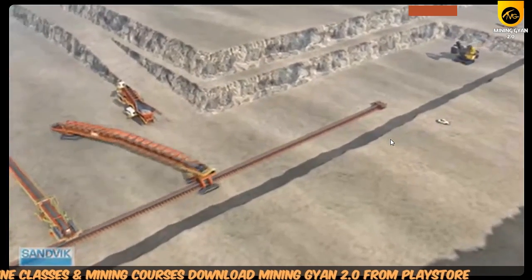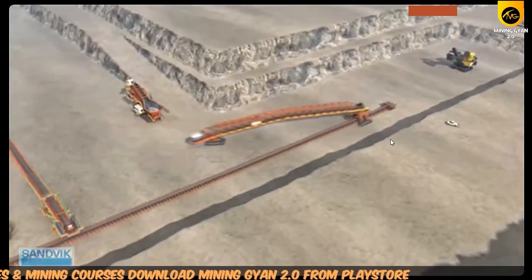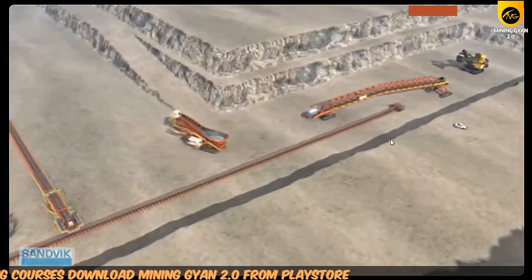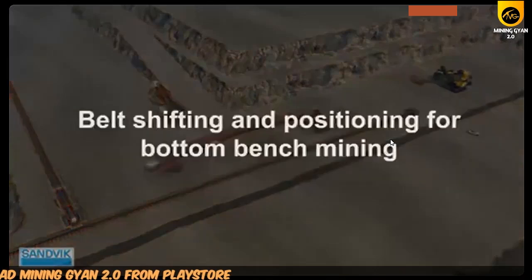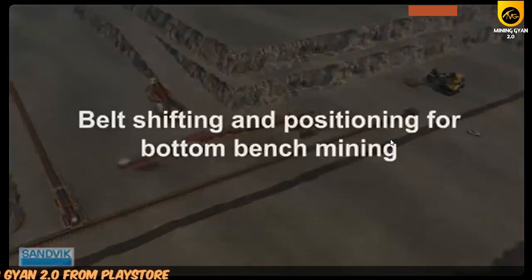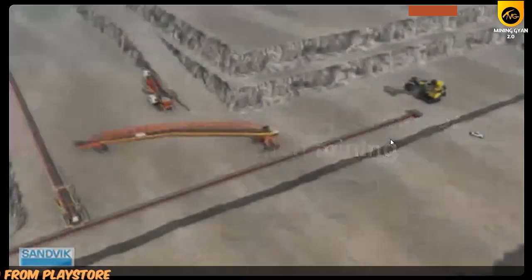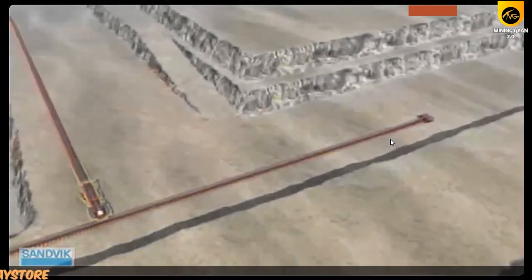You see how the full operation will be running with the one main ramp and main sub banks of the conveyors. Okay, we only require one mobile conveyor, bench shifting position for the bottom bench. You see how the bench shifting will be automatically happening in this video.